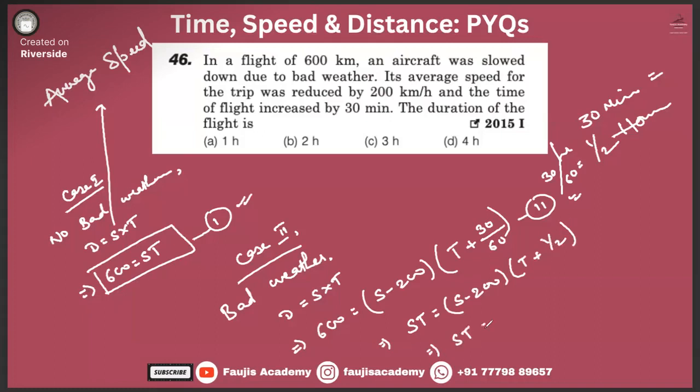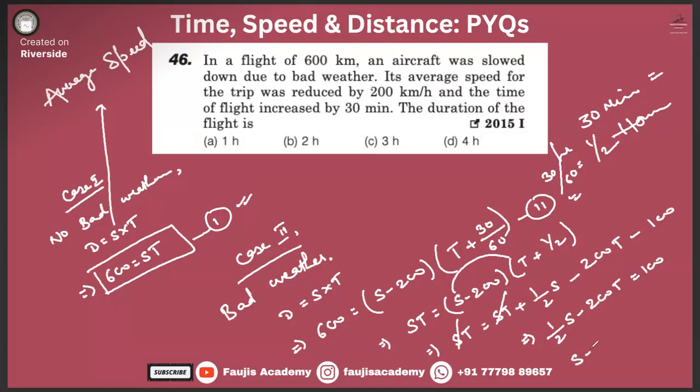Which means ST is equal to ST plus half S minus 200T minus 100. These two got cancelled. So which means 1 by 2 S minus 200T is equal to 100. So that means S minus 400T is equal to 200.